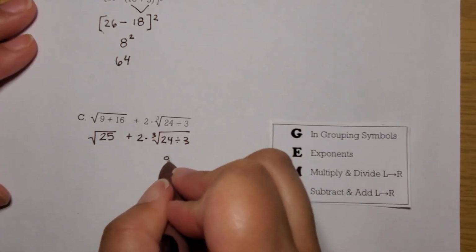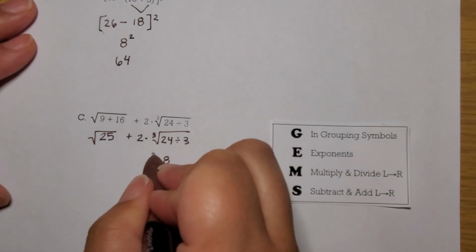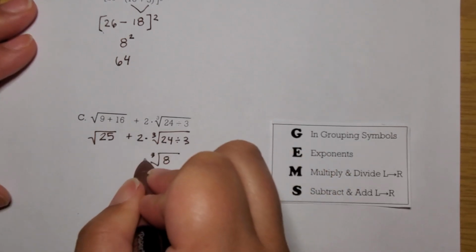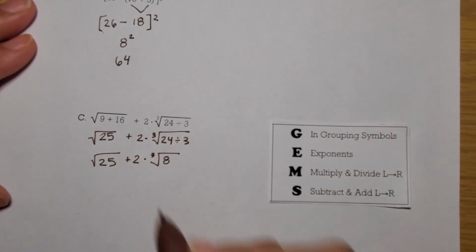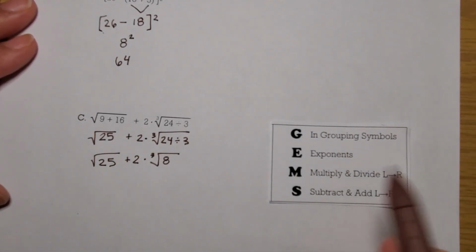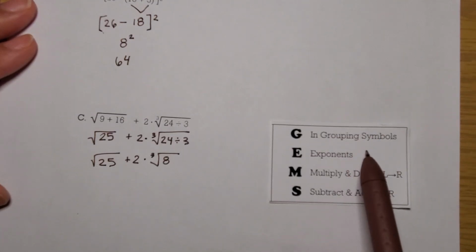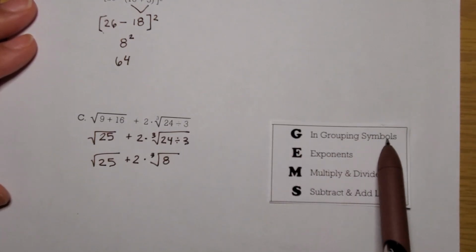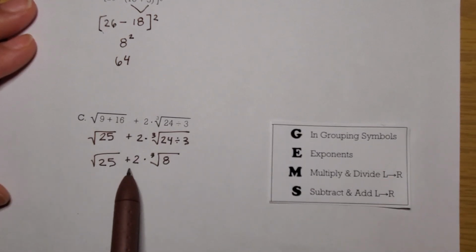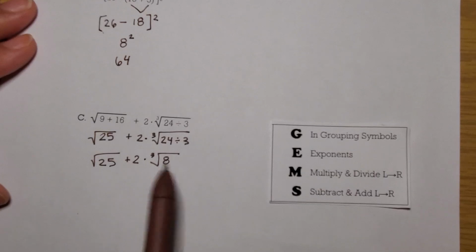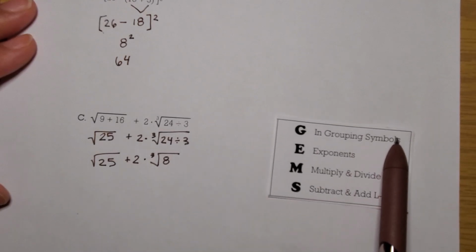So this becomes 8. We've got a cubed root times 2 plus square root of 25. Okay, still clinging to this here to help me through this. So we've got our grouping symbols. No, just a single number here, just a single number here. So we're done with the grouping symbols stage.